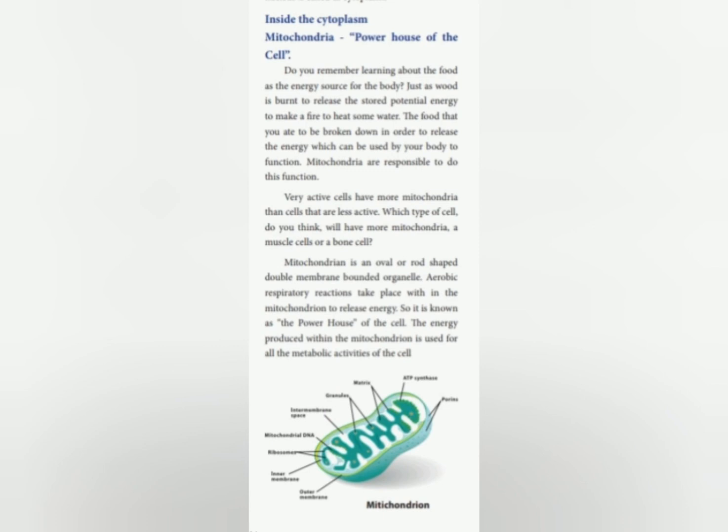Aerobic respiratory reactions take place within the mitochondrion to release energy. So the mitochondria release energy by aerobic respiration, and it is known as the powerhouse of the cell.